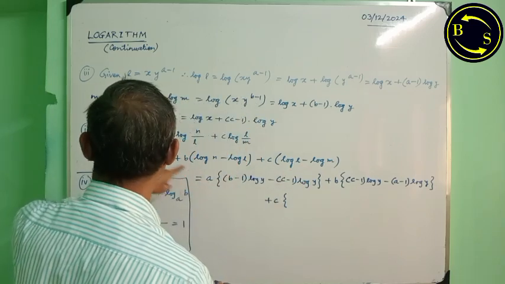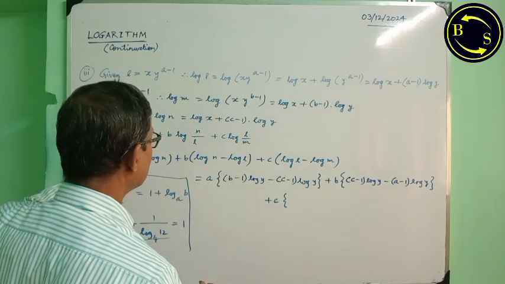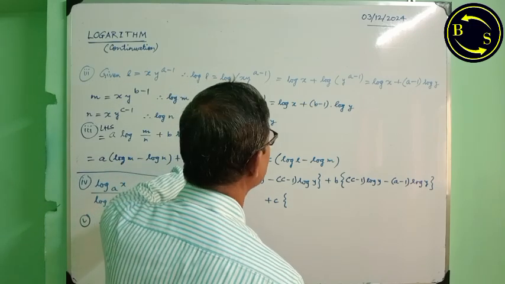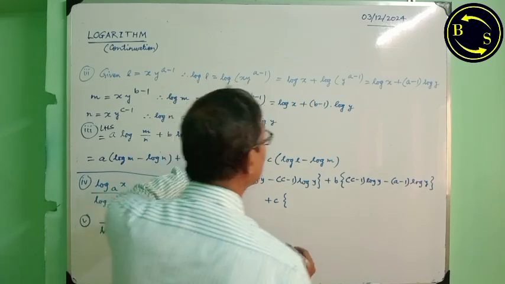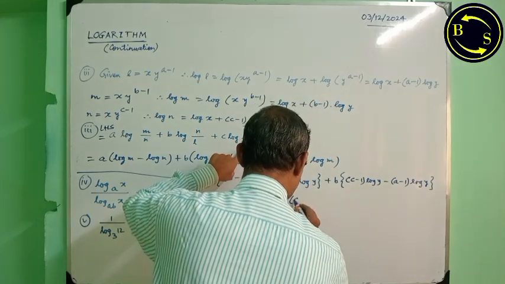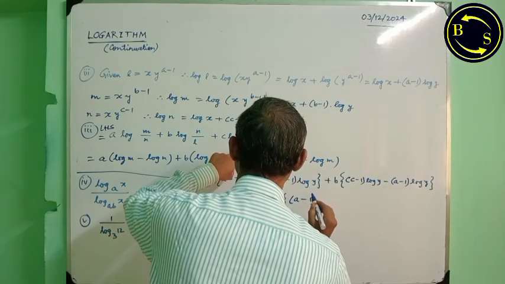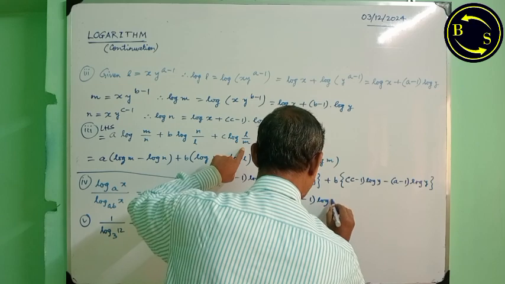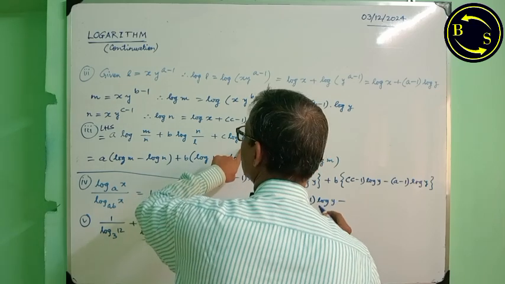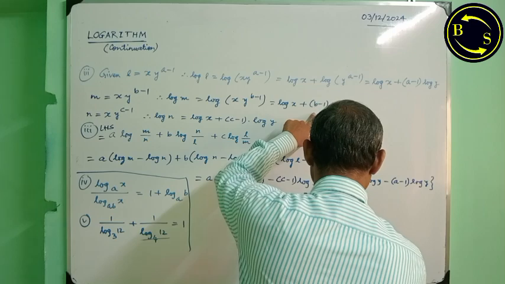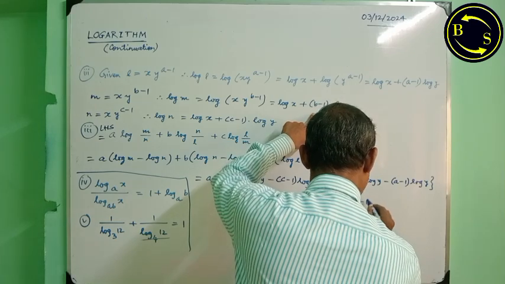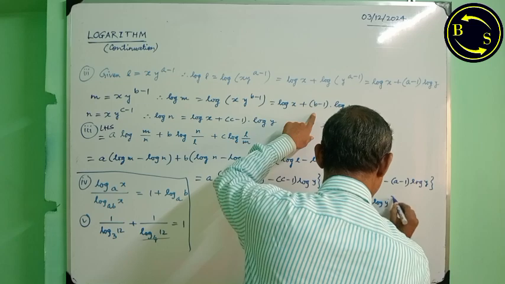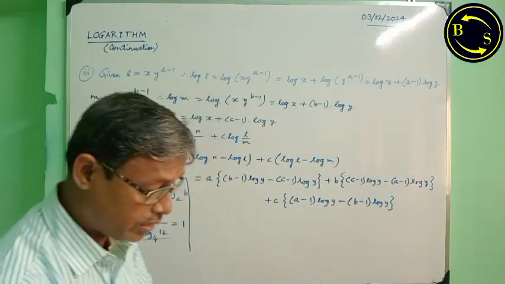Let me see whether I have m minus n, m minus n, n minus n, then l minus n, l minus n. Okay. Then it will be a minus 1 log y minus this one, b minus 1 log, large expression.